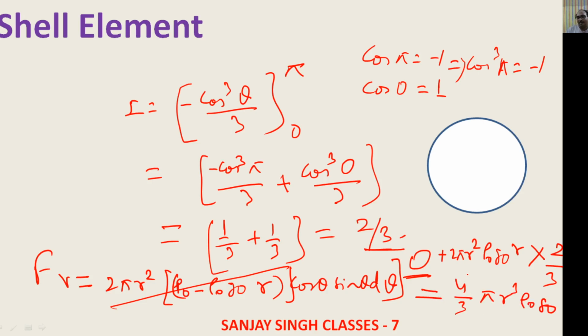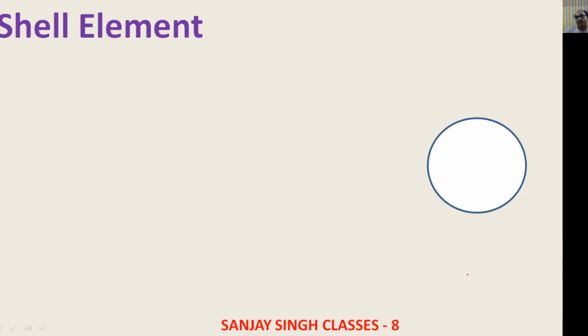Let us see in the next slide properly. Now we have seen that the total vertical force has become 4 by 3 pi r cube rho 0 z0.